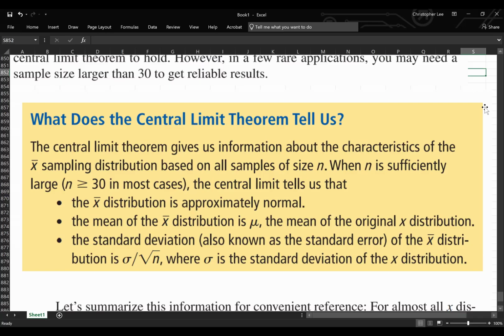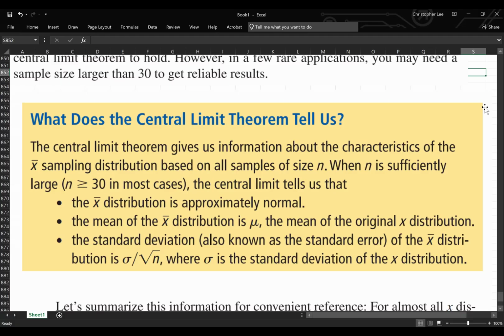The mean of the X bar distribution is mu. The standard deviation, also known as the standard error, of the X bar distribution is sigma divided by the square root of n, where sigma is the standard deviation of the X distribution. Questions on this?